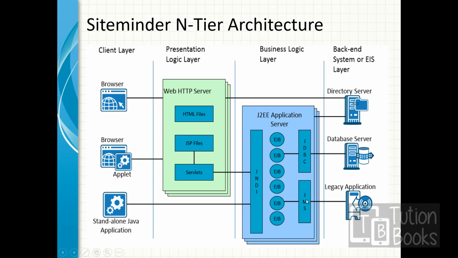Once the data is fetched from the backend, the EJB container calculates the business logic and sends the data to my presentation layer, and the presentation layer represents the data to my client. So exactly, the SiteMinder product shows its architecture in this way.